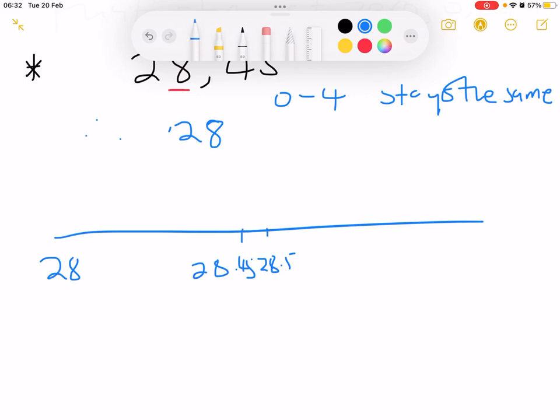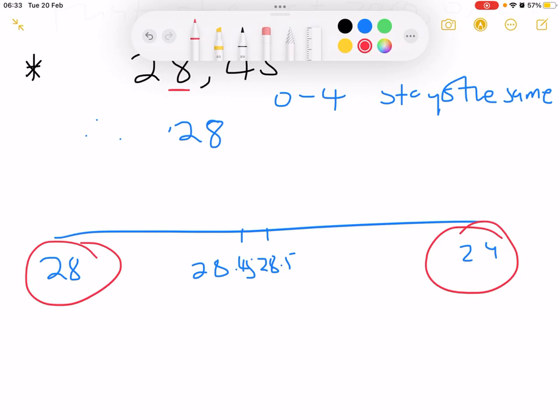Let's say this one is here and this one is here. And then you have 29. Which one is closest to the next whole number, whereby the whole numbers are this one and this one? You can already see that the distance that is shortest would be from 28 to 28.45, and therefore that is why our nearest whole number is 28.